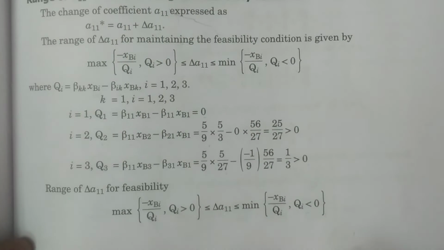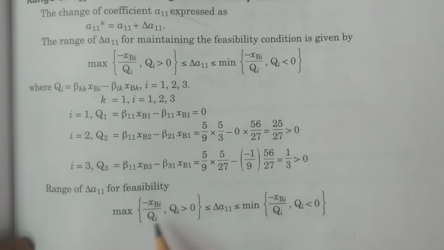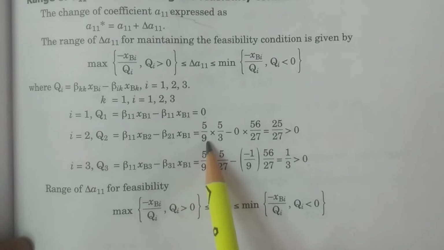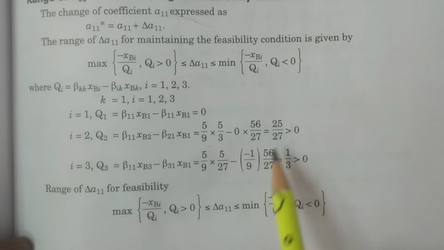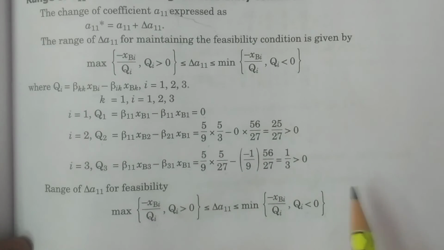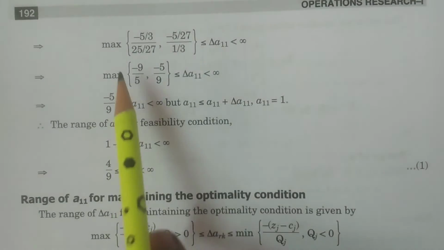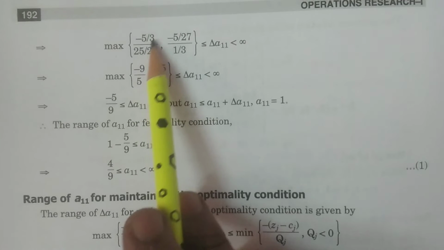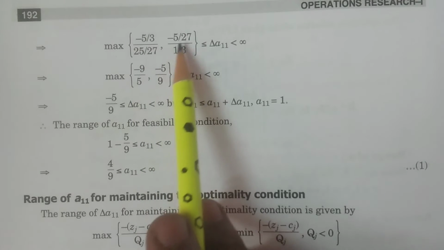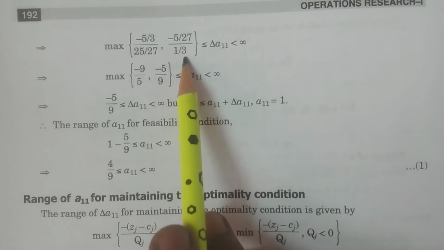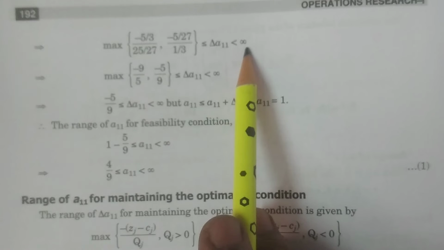So you consider minus xB2 by q2, where xB2 is 5 by 9 and q2 is 25 by 7. Similarly for the second one, if you consider these two values, the maximum of minus 5 by 3 divided by 25 by 7 and minus 5 by 27 divided by 1 by 3 is less than or equal to delta A11, which is less than infinity.